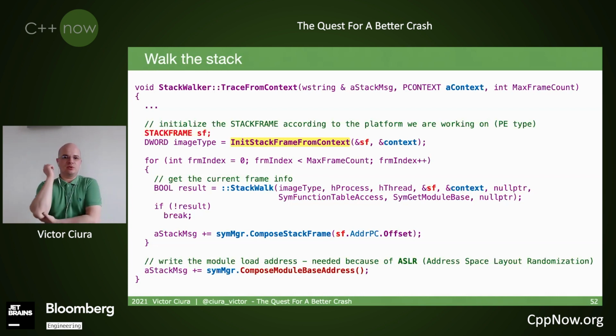exploit the host process. So ASLR is the default on Windows for many years now, and basically it randomizes this module load base address. So each module is loaded at a random address in the host process.